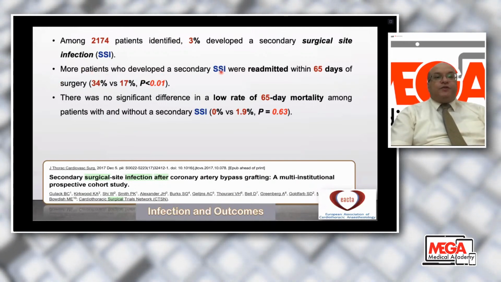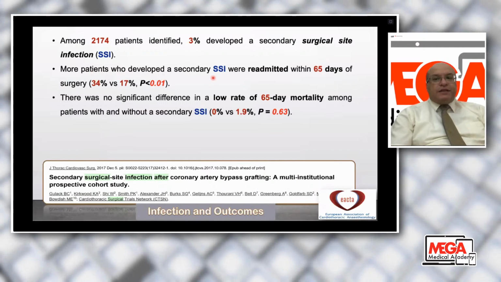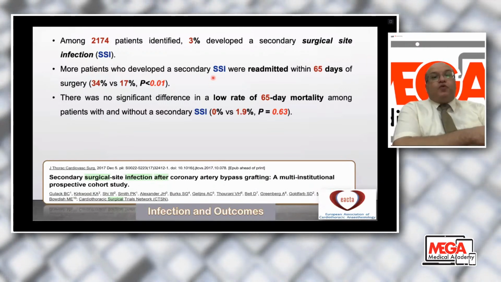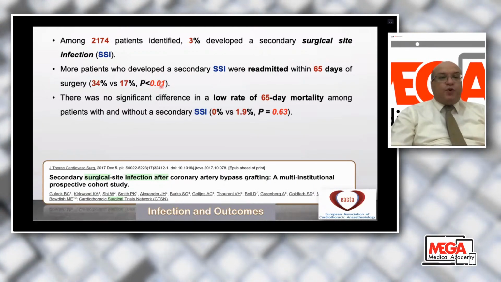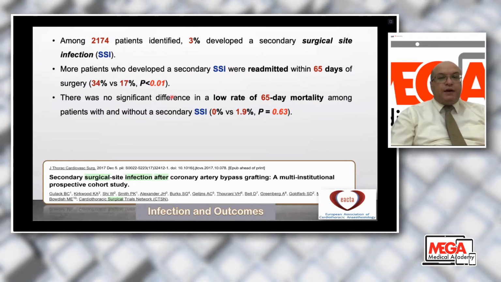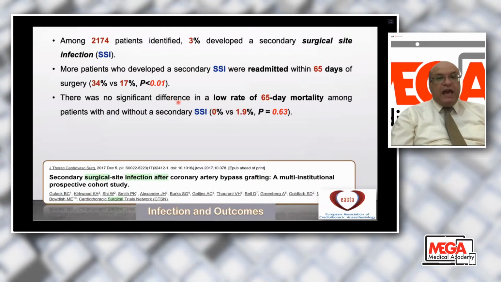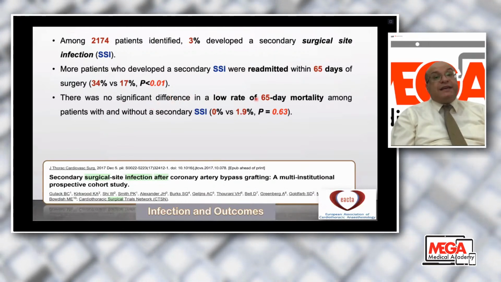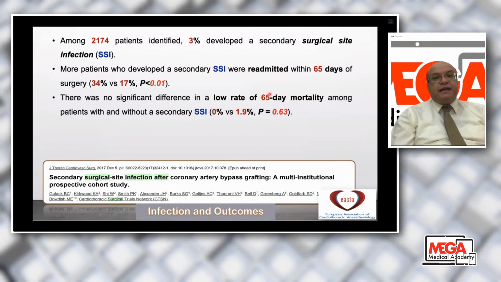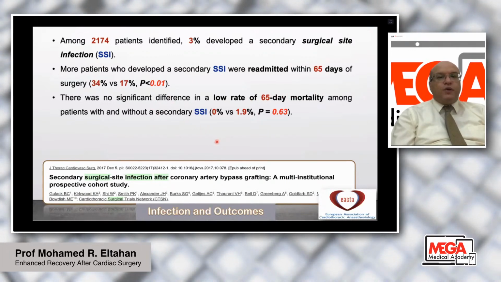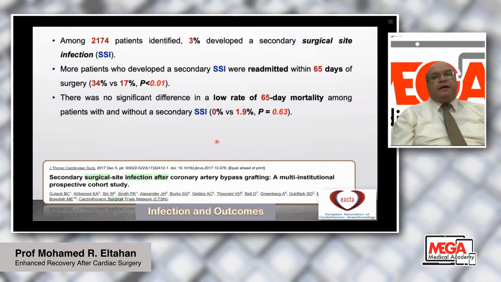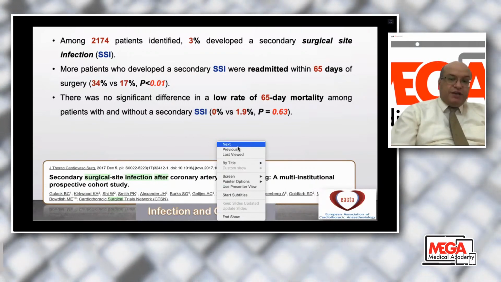More patients who developed surgical site infection needed readmission within 65 days of surgery, two times more than patients without surgical site infection. However, interestingly, there is no significant difference in 65-day mortality among patients with or without surgical site infection, which is interesting.